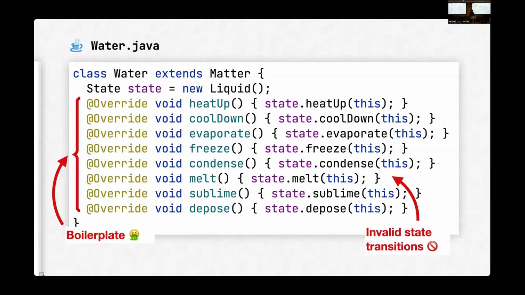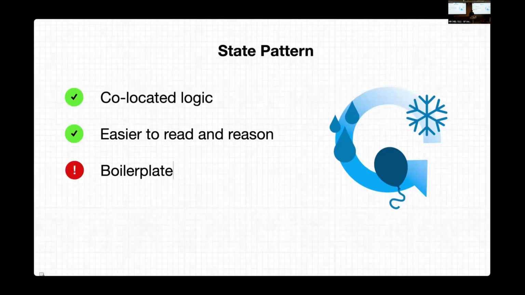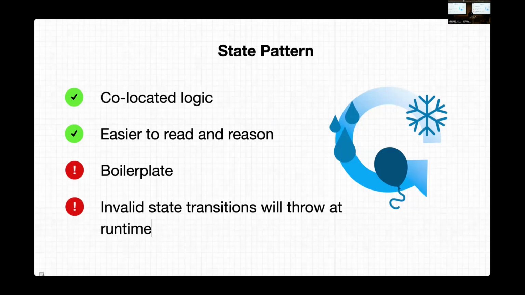So you can technically run into invalid state transitions. If you look at the actual implementation, it will throw at runtime. So here we're losing all the compile time safety that we had. We are introducing boilerplate, but even if you can look past that, our state machine can run into invalid state transitions. So how can we solve that with Kotlin?